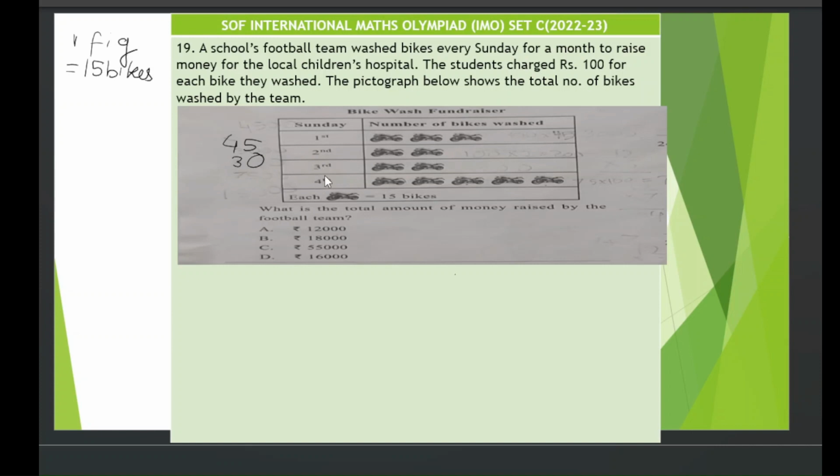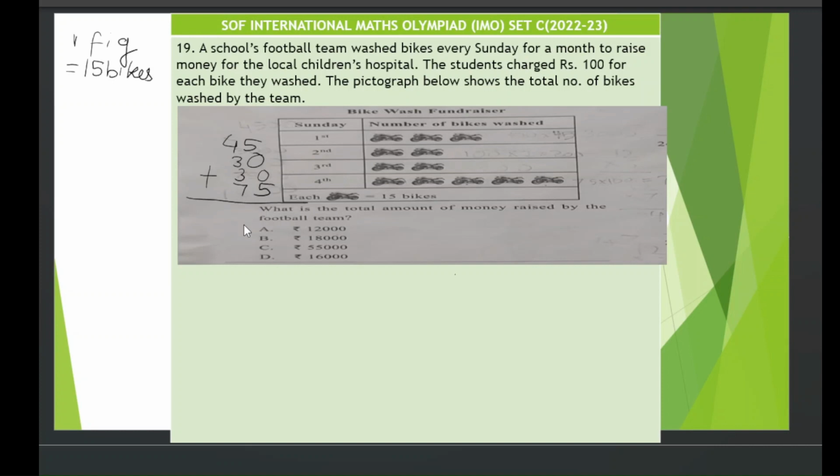What about the third Sunday? Again 30. Fourth Sunday they washed 5 multiplied by 15, which is 75 bikes. Last Sunday they bucked up because they had decided for 4 Sundays or 1 month, so they washed 75 bikes, the most number of bikes.